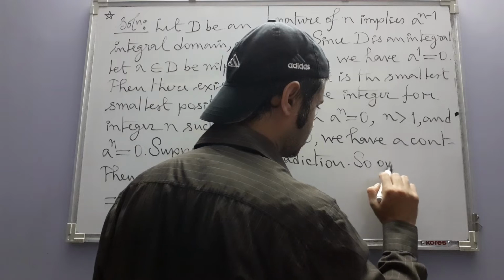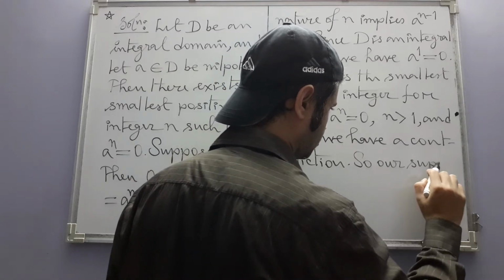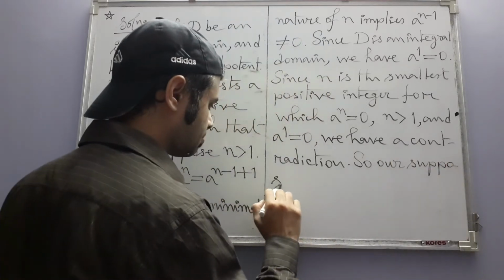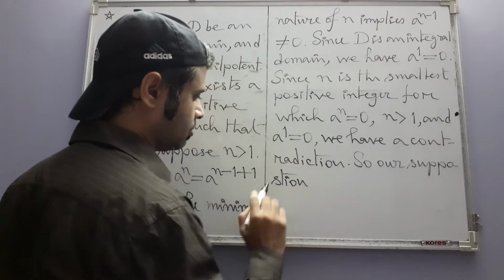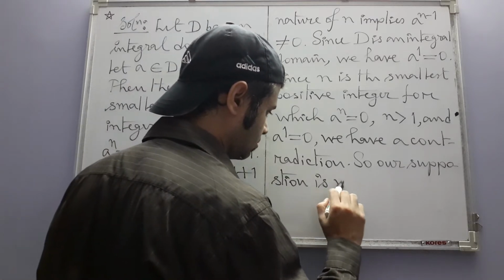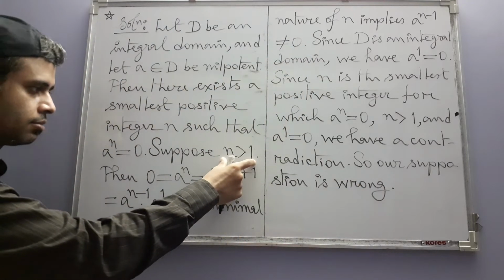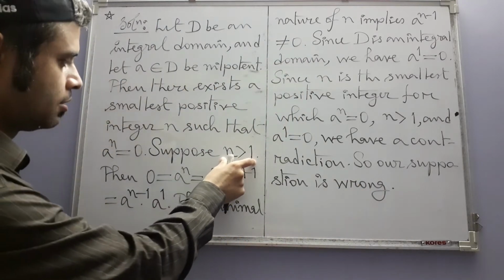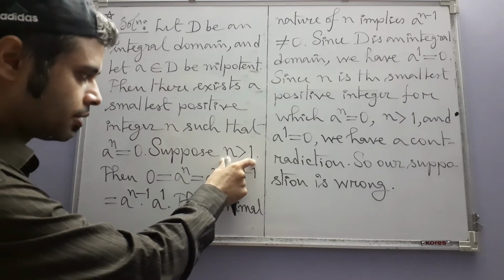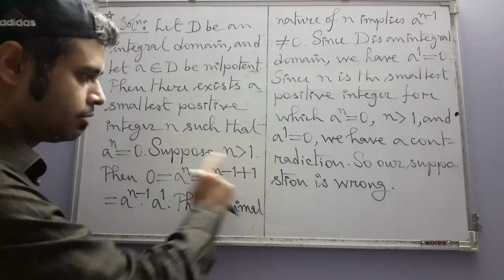So our supposition is wrong. That is the correct conclusion. We cannot suppose this. So that means we are left with the only possibility that n has to be equal to 1.